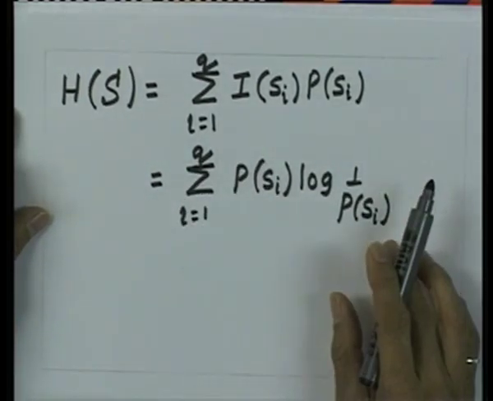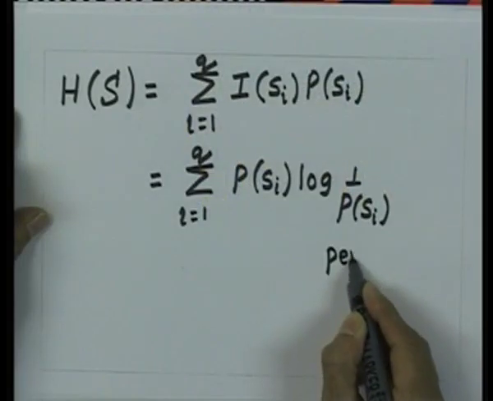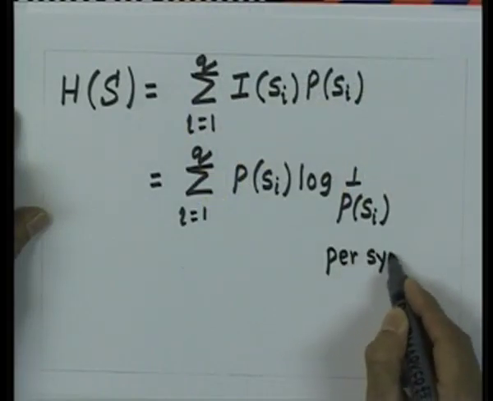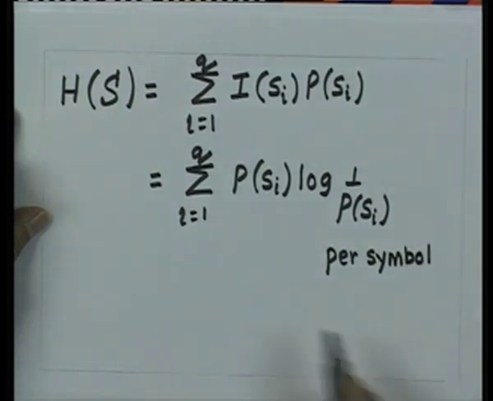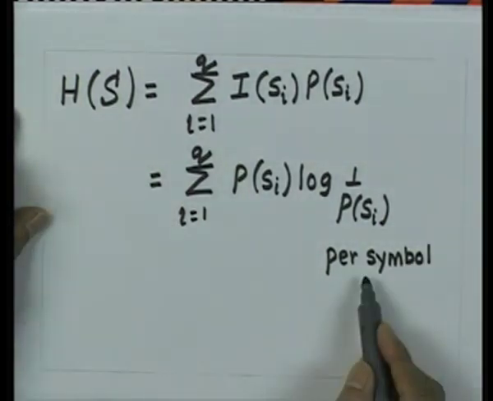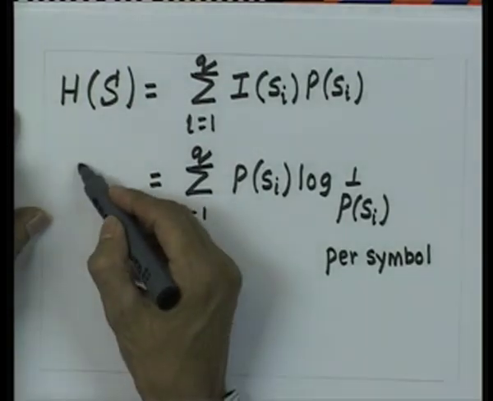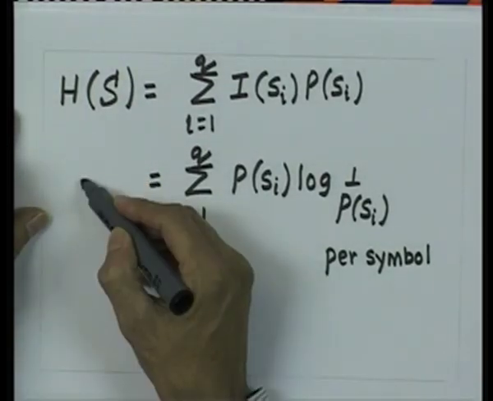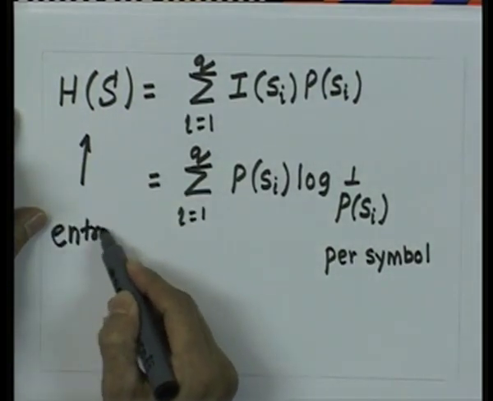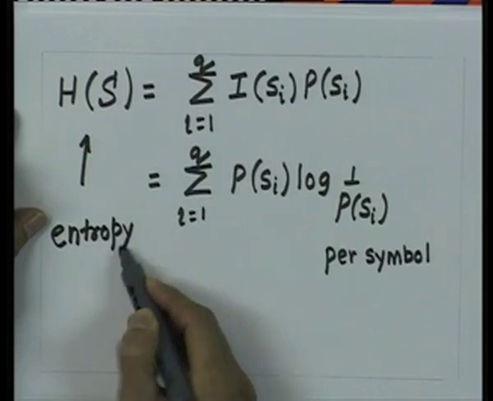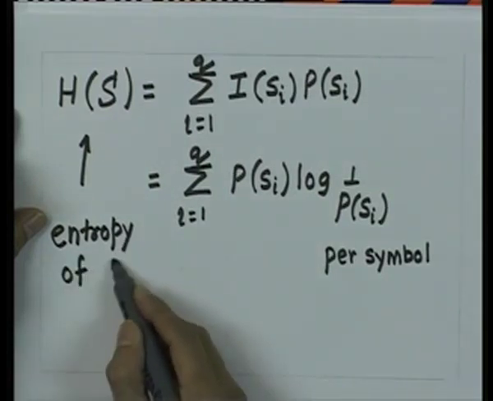So, this is the average amount of information from that source S per symbol. This average amount of information per symbol for the source S is termed as entropy of S.